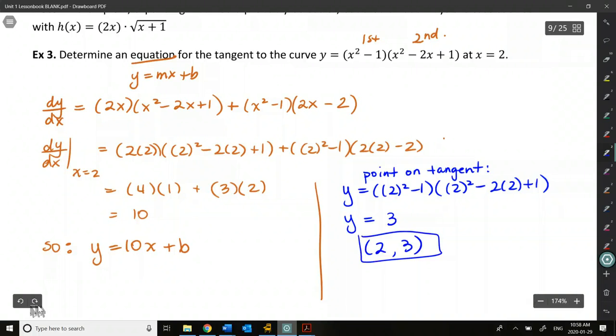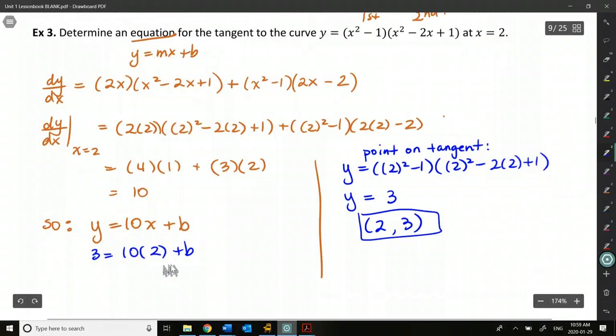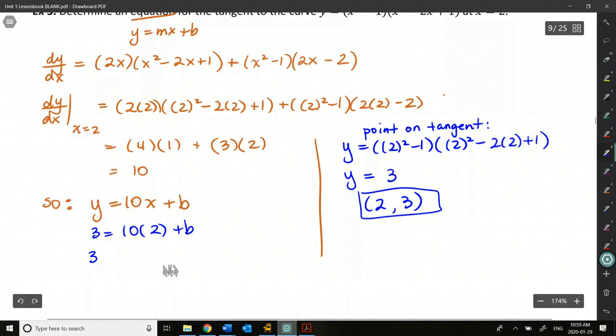So this is our point on the tangent line, and I can sub that in for x and y to isolate for b. And then just sub that back into your equation for your tangent.